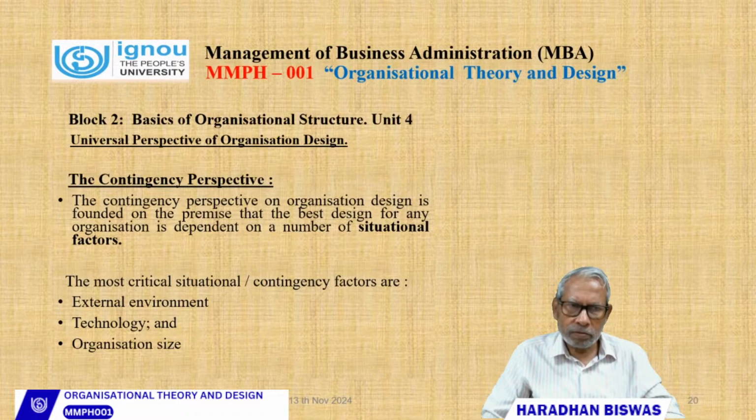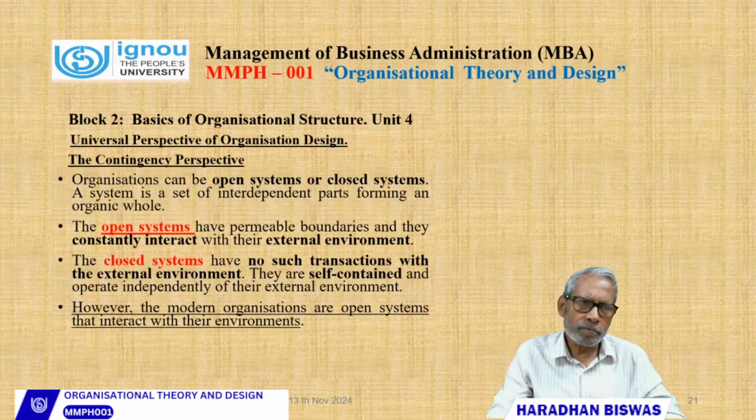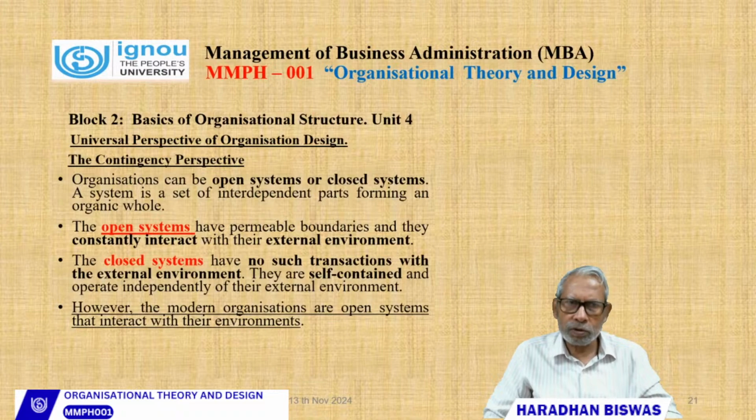So that's why, when that contingency or situation comes, the company has to act on these things and changes need to be considered. So, contingency perspectives: we can see there are open systems and closed systems, as we discussed.